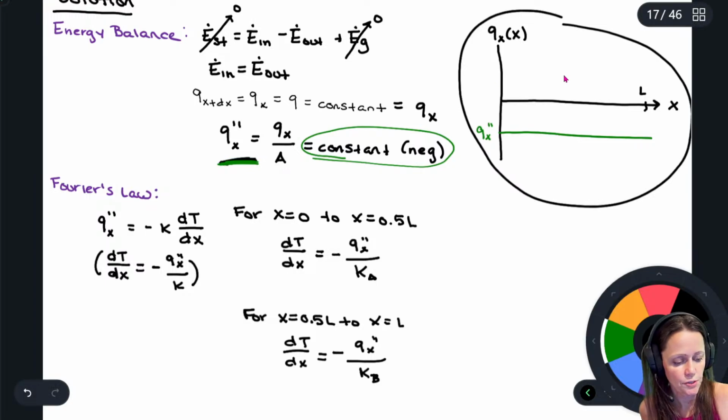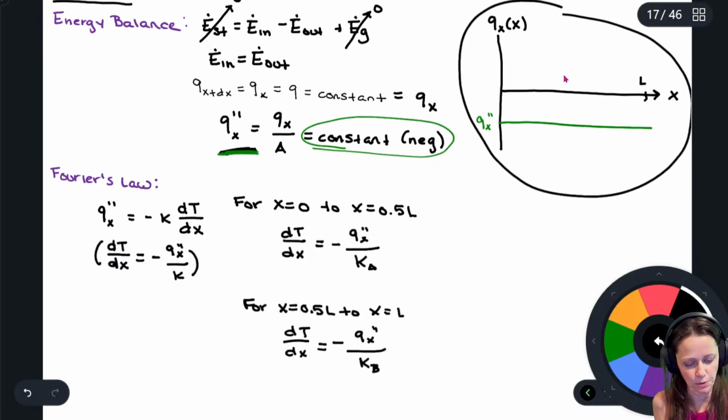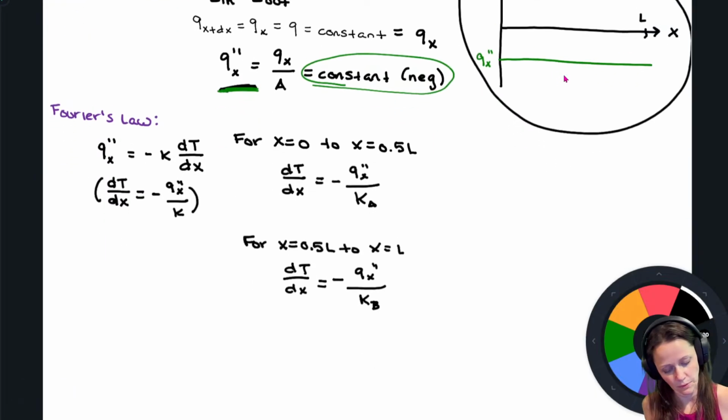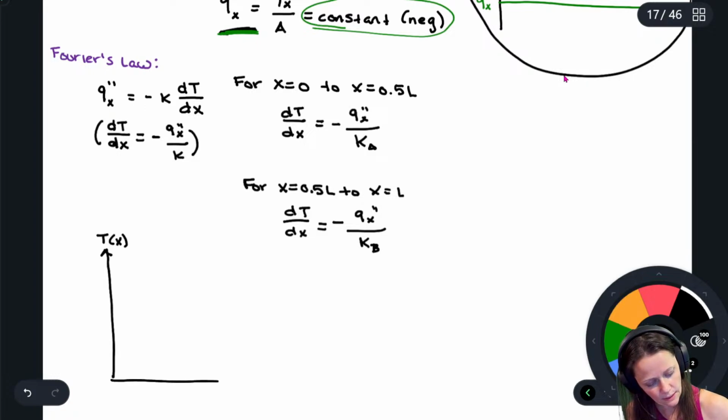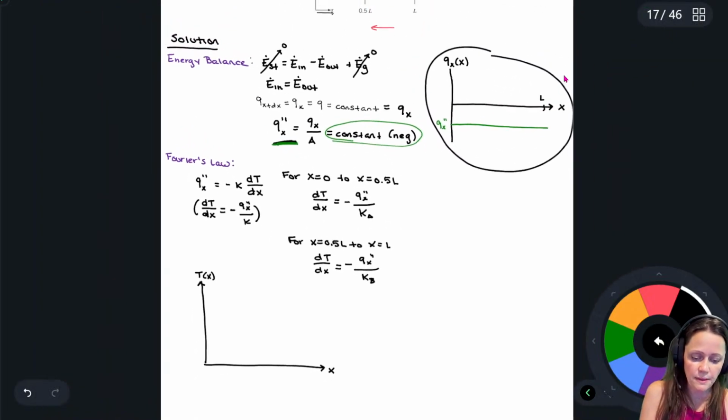Okay, so let's go to the temperature distribution now. I've got T as a function of X. Here's X, and I'm going to do the same thing that I did before.